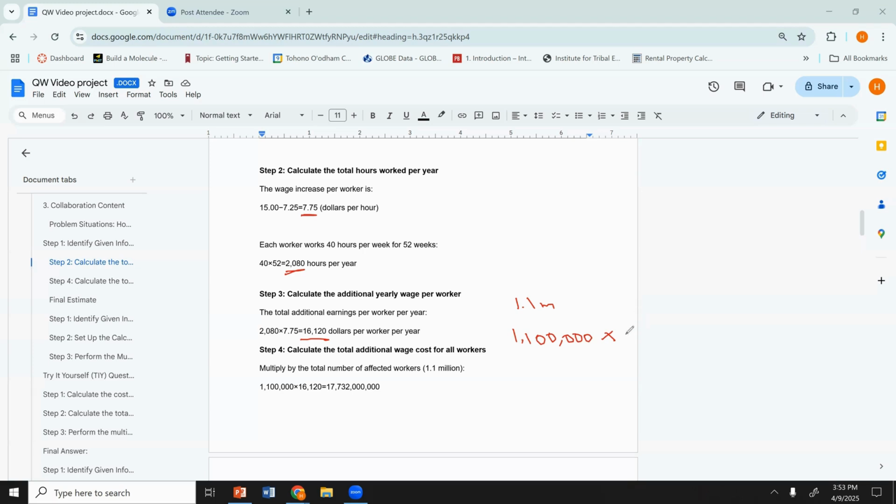Remember that. So we're going to have to multiply the 16,120. So this is in dollars, $16,120 times 1.1 million people.